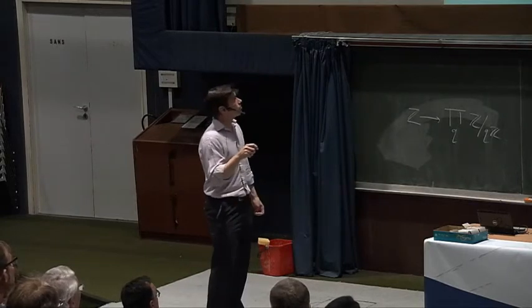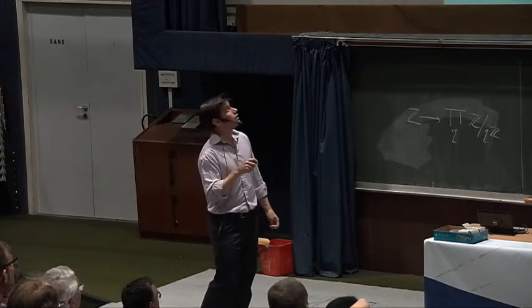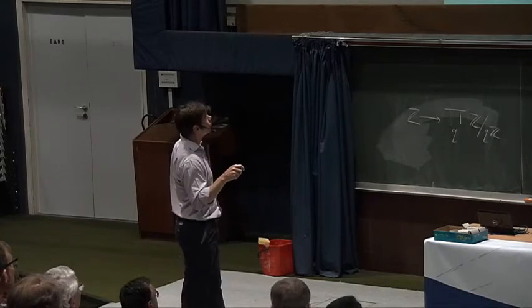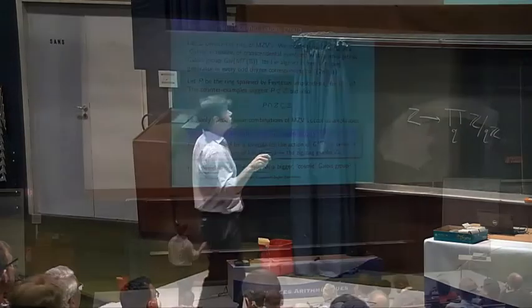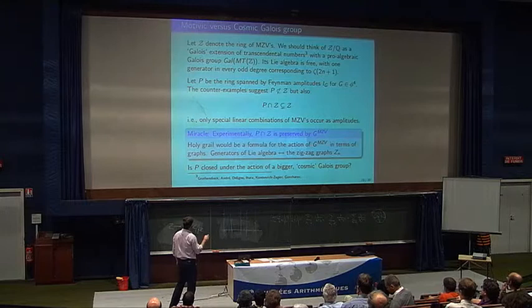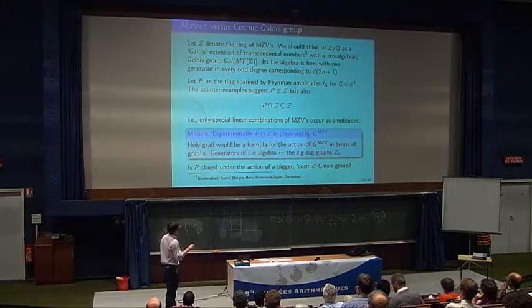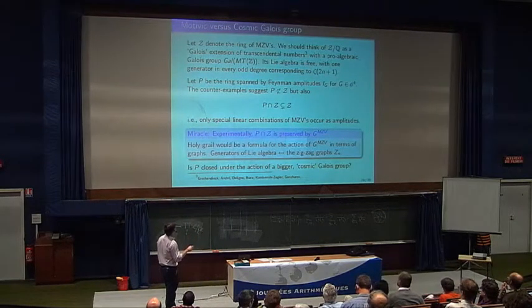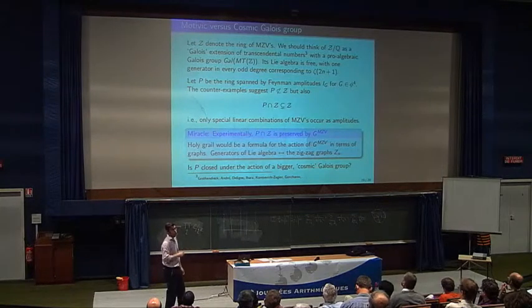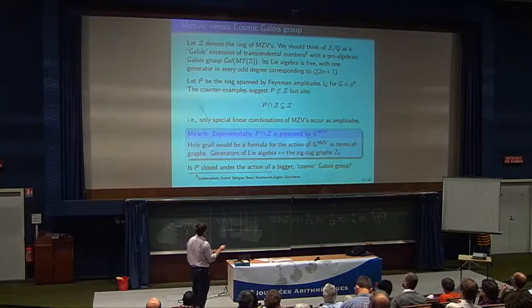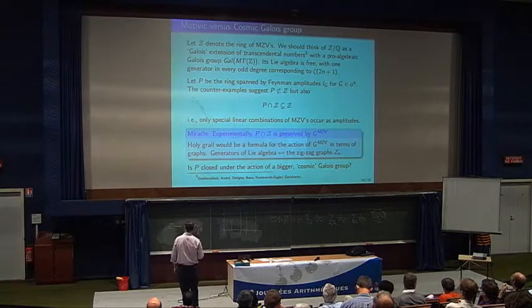But this Galois group is structurally very concrete. The graded Lie algebra of its unipotent radical is a free Lie algebra with one generator in every odd degree. And these generators correspond to the odd zeta values.